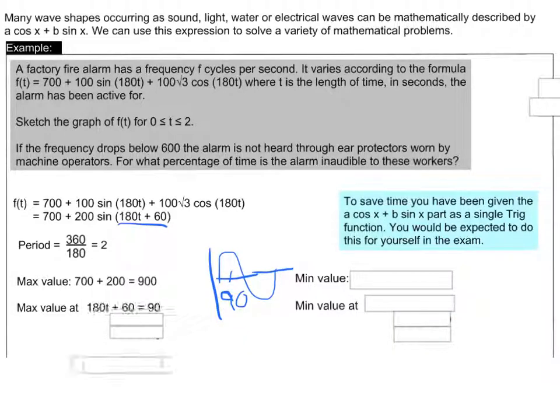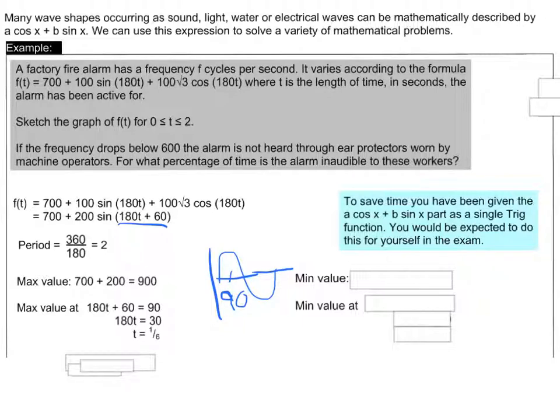So I know 180t plus 60 equals 90 degrees. Taking away 60 from each side gives me 180t equals 30. Dividing by 180 gives me 1 over 6. Keeping it as a fraction, trying to stick to exact values as much as possible, rather than writing that as a decimal.